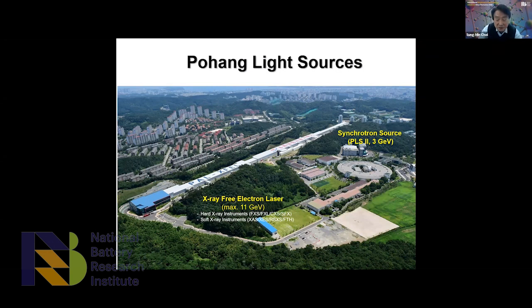And this accelerator here can produce a maximum 11 GeV beam. And then you produce hard X-ray and also soft X-ray. For each, they have four different instruments.